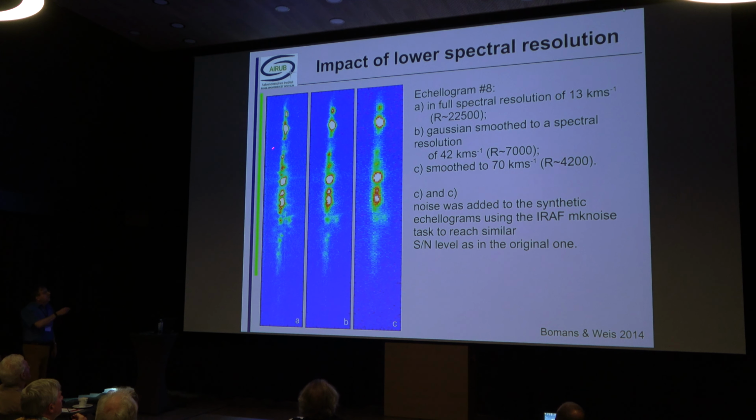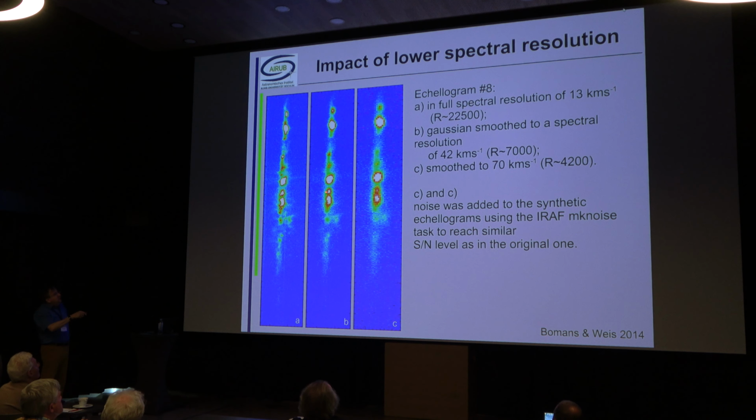You see individual knots of H2, some of them have some extension in velocity. So here we have the slit, and here the velocity or dispersion axis.